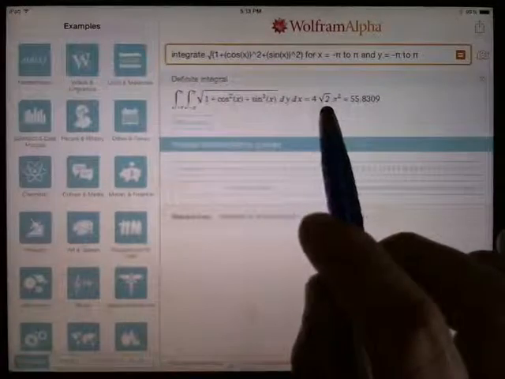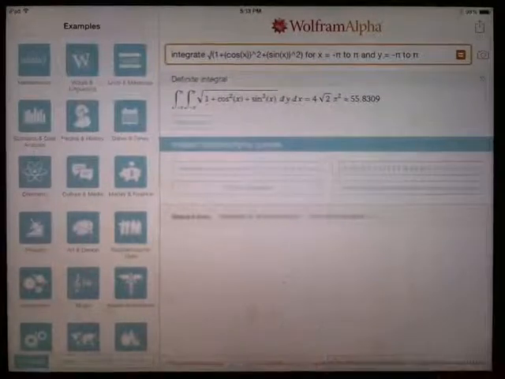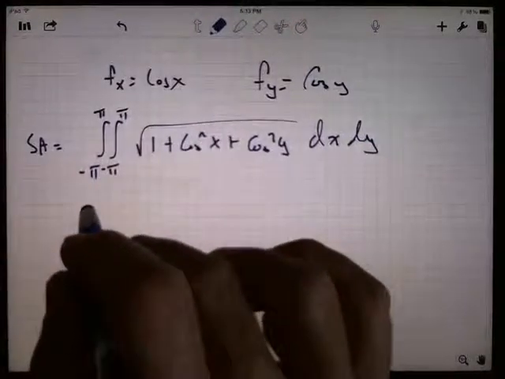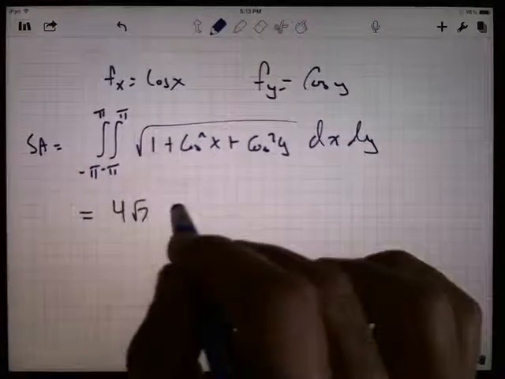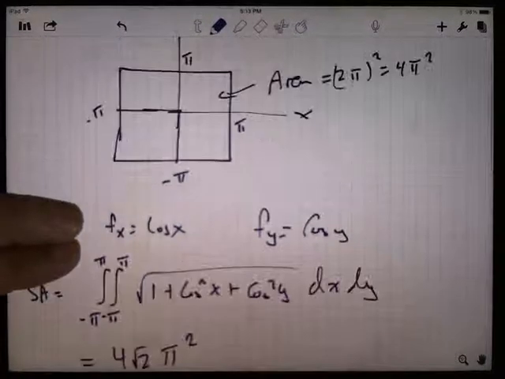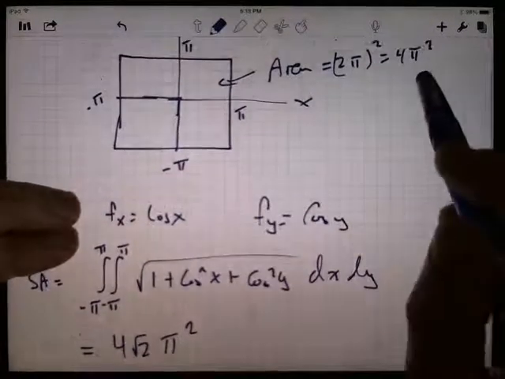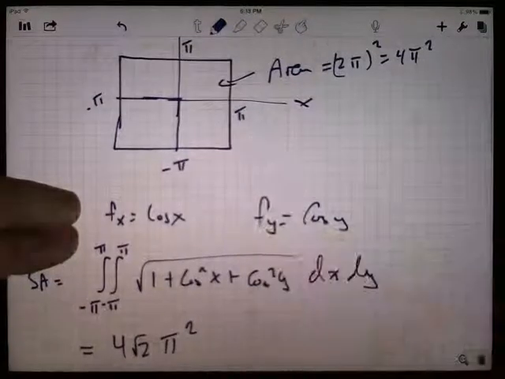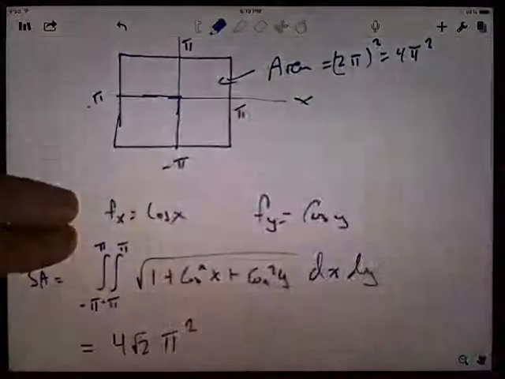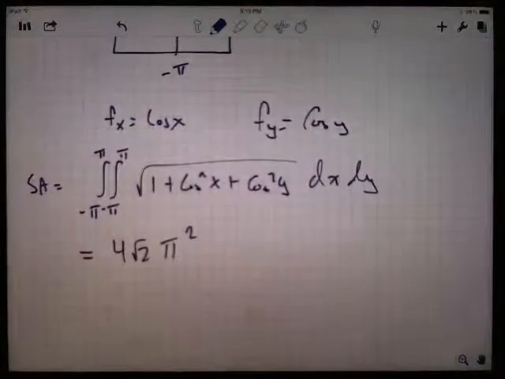Anyway, it says 4 radical 2 times pi squared. So this is actually equal to 4 radical 2 times pi squared, which is bigger by a factor of radical 2 than the area of the region in the xy plane. So this is the way we do surface area.